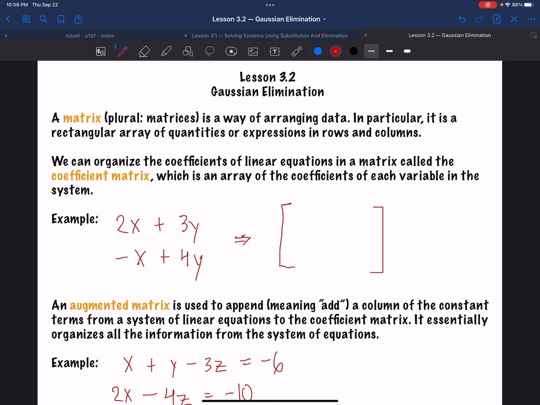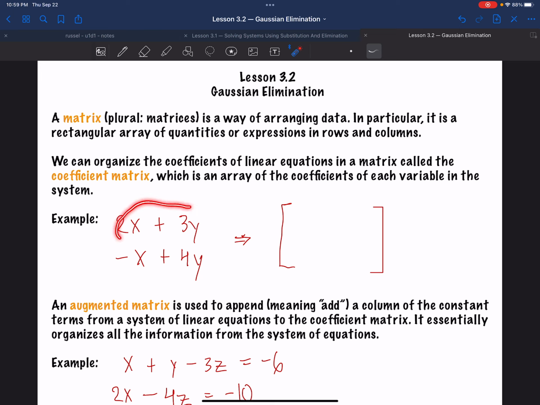Okay, so a matrix, I'm going to use these square brackets, and I'm going to arrange the coefficients as such, left to right, down and up. So if you remember from the last lesson, I told you it was important to align your variables. This is why. My x's are in columns, my y's are in columns, right?